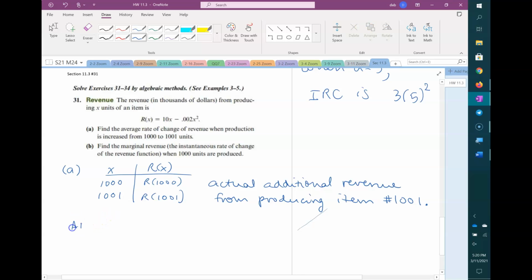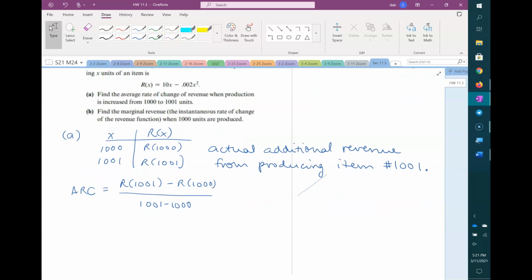So the average rate of change is going to be R of 1001 minus R of 1000 over 1001 minus 1000. So this is the actual revenue, the additional revenue from increasing your production by 1 when you were previously producing 1,000. So all that information is important.